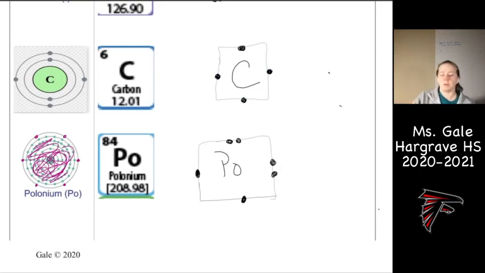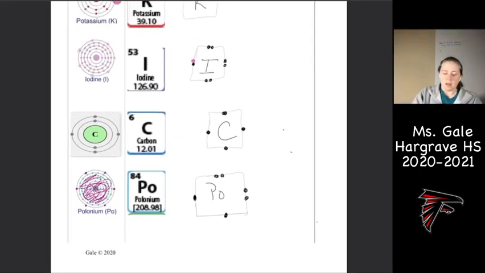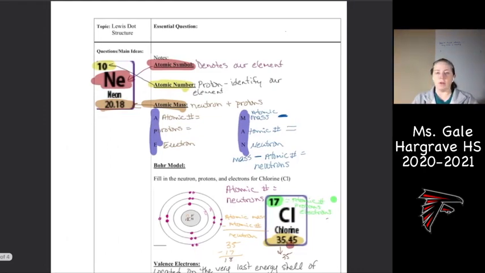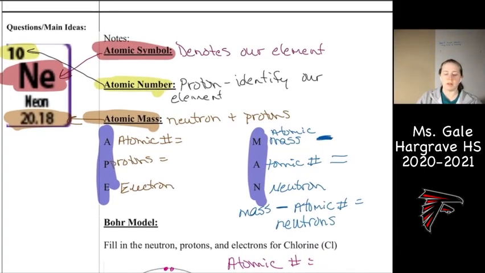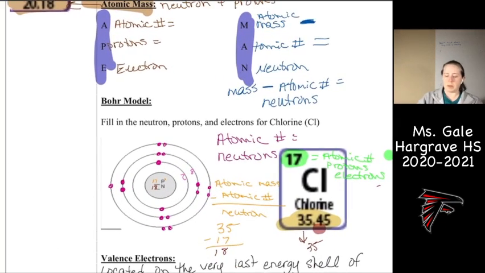So let's recap real quick what we just covered. We reviewed our periodic table, our atomic symbol, our atomic number, atomic mass. We went back and looked at our Bohr model from last week, which is the long, drawn out, tedious, obnoxious way to fill out our electrons.